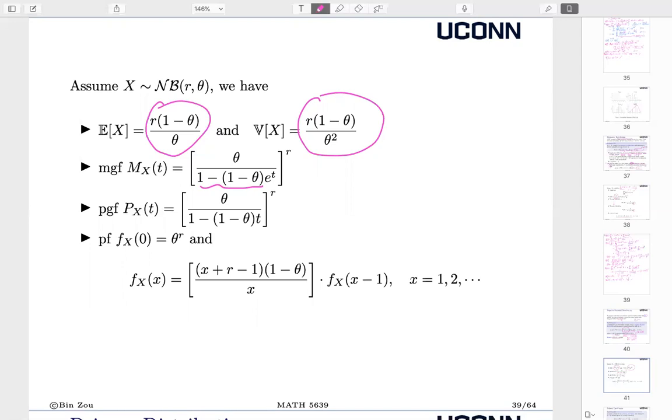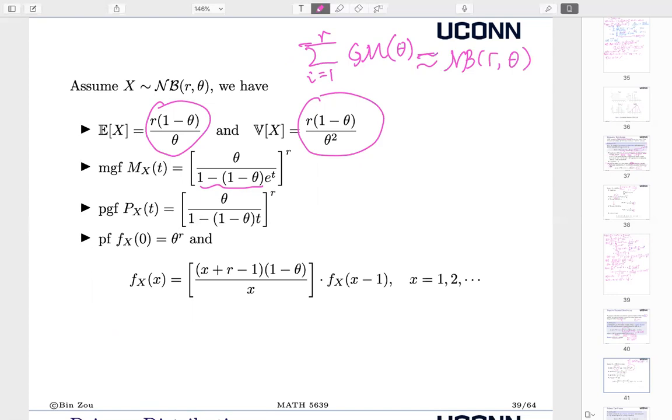So basically, another way to understand the negative binomial is that you sum up r geometrics. When you sum up i from 1 to r geometric, you get a negative binomial.